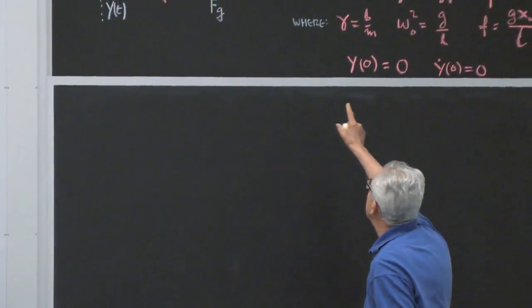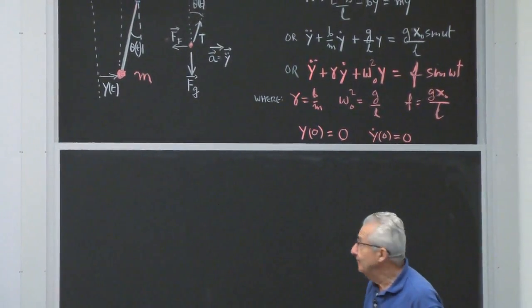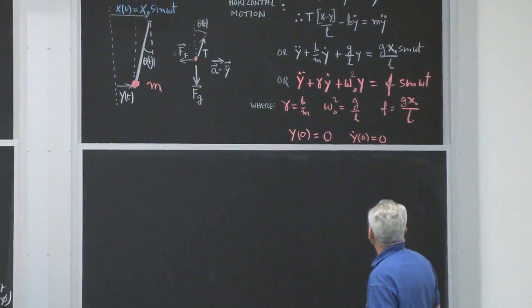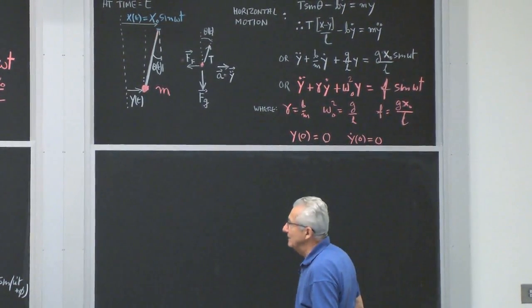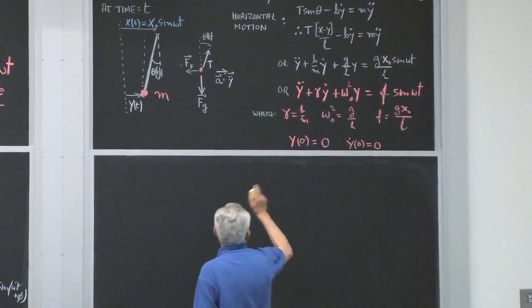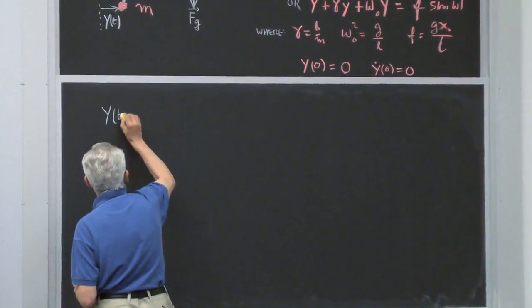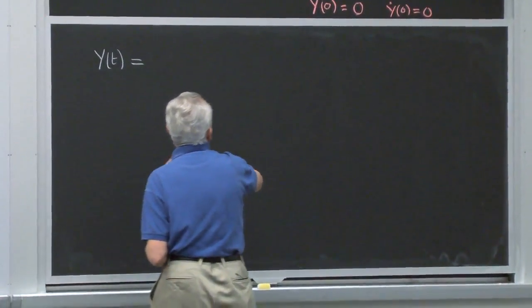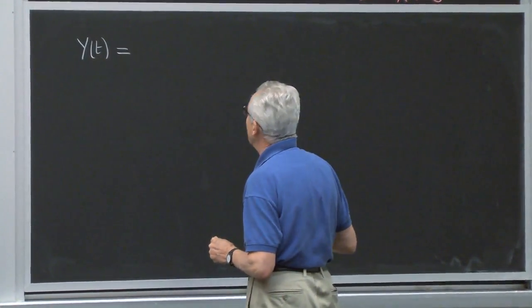This is the mathematical description of the pendulum. So again, I'll take this, and initially I'll do the same as I did before. So I will write that y at time t is equal to, and I have to once again just follow the thing.